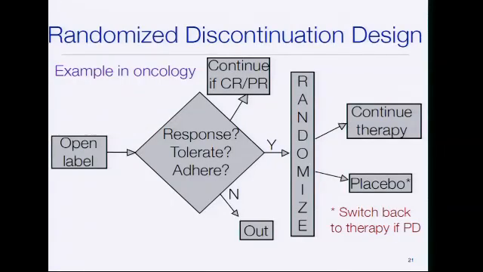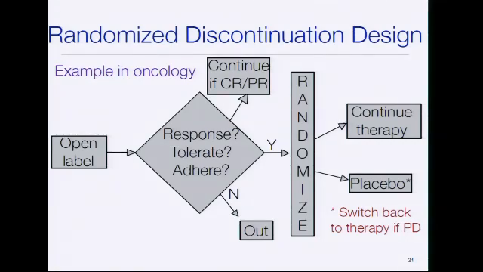Schematically, there's the open label phase wherein the patients receive the drug for a particular length of time to be determined. So part of the optimal design that we'll talk about is how long should we wait until we make this assessment of whether or not it's okay to start randomizing patients.